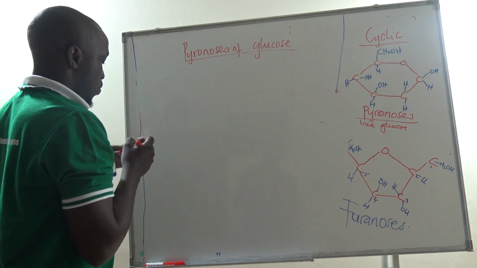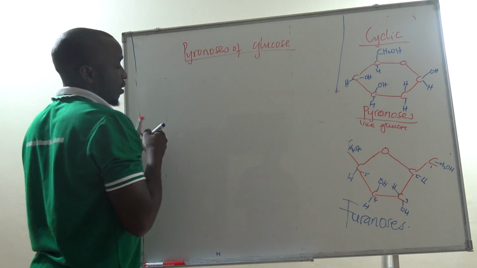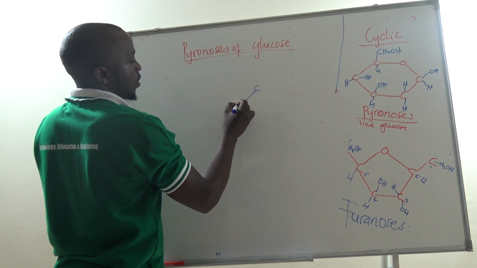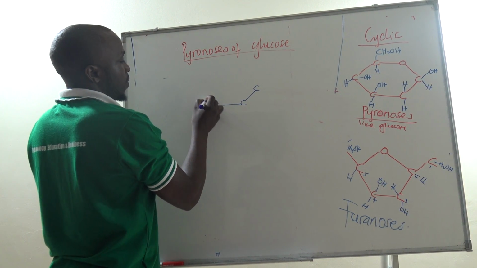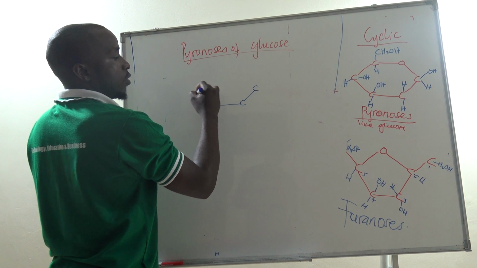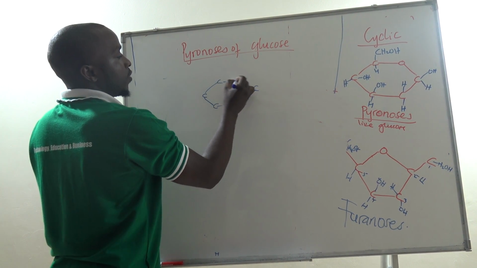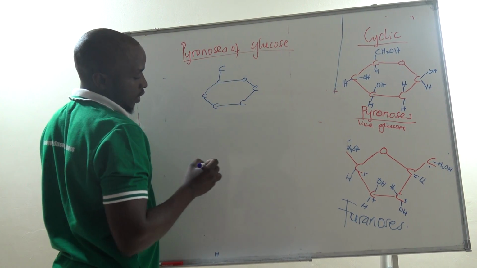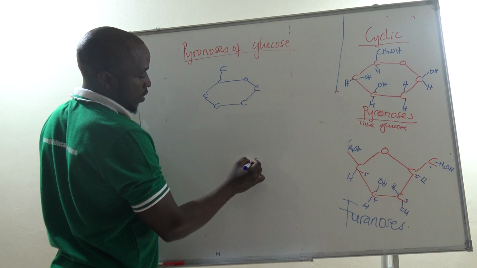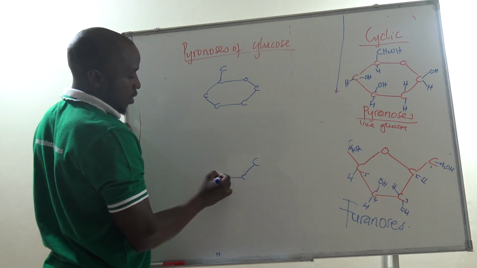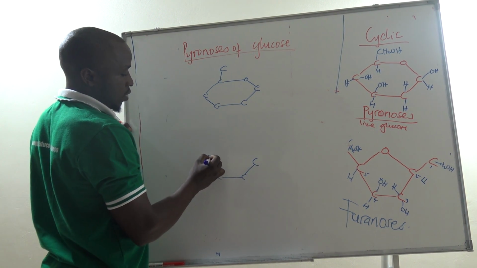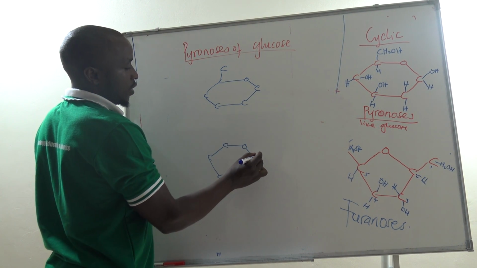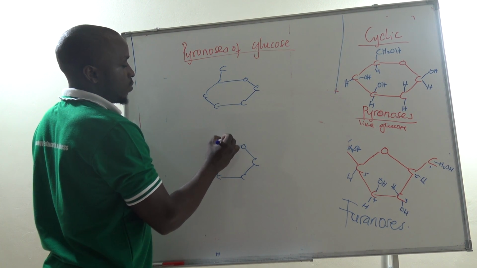We have said pyranoses take up a 6-sided ring. That's carbon atom number 1, 2, 3, 4, 5, that is oxygen, that is carbon atom number 6.